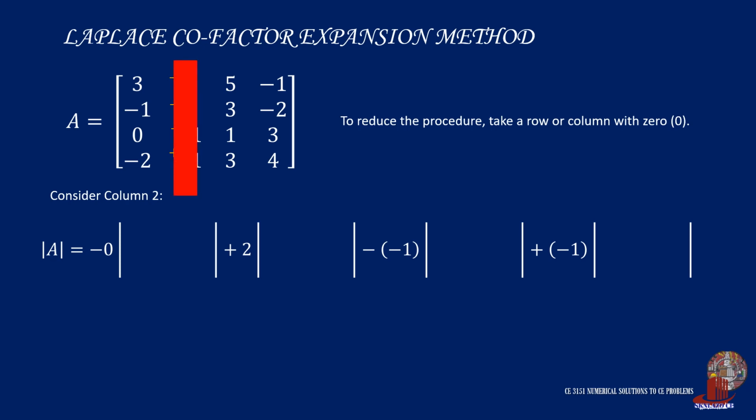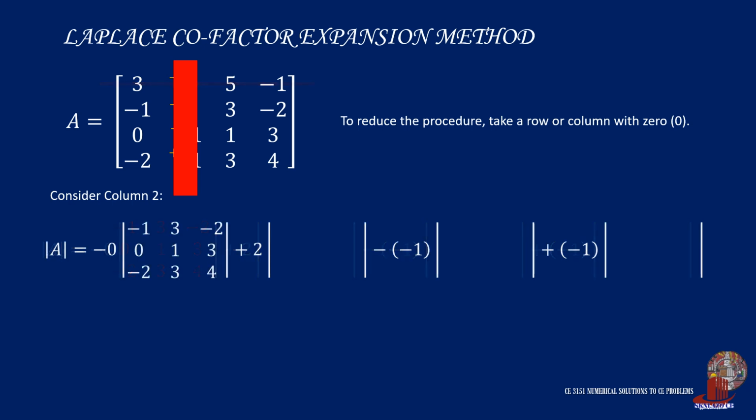By covering the first row, the minors for the first term are then identified as negative 1, 3, negative 2, with 0, 1, and 3, then negative 2, 3, and 4. When the second row is covered, the following elements are to complete the second term's determinant matrix.